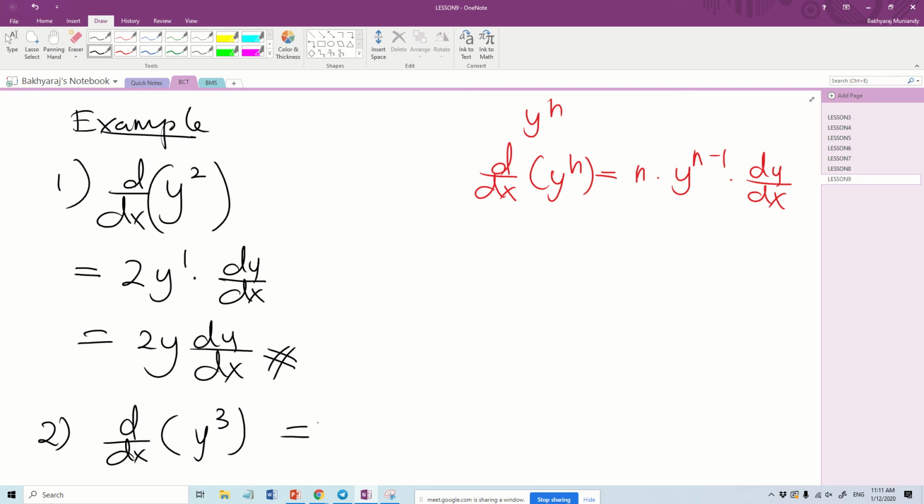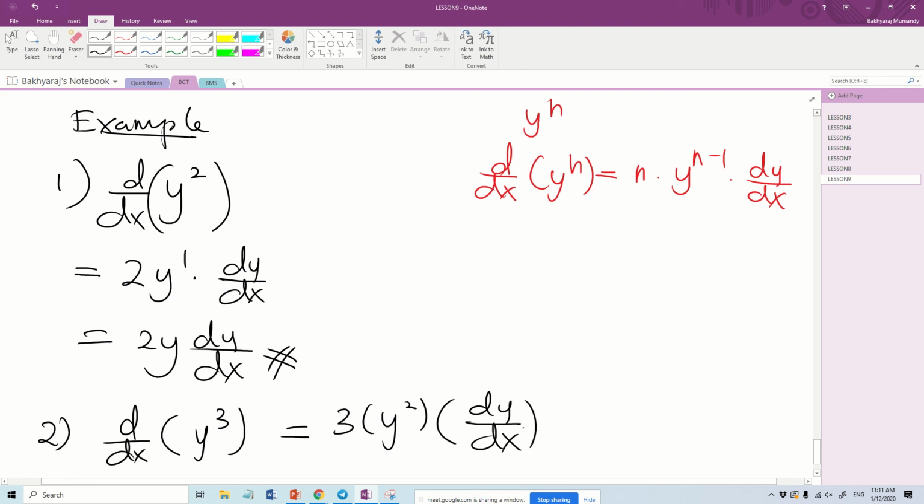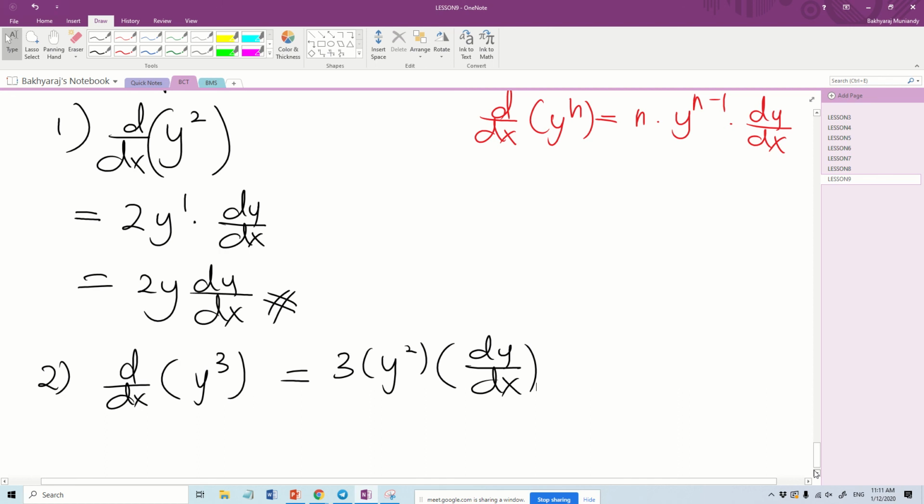Use back the formula. So what do you get this time? You get 3 y square times dy dx. Betul. So you akan dapat 3y square dy dx. So kita dapat idea dia, very good.